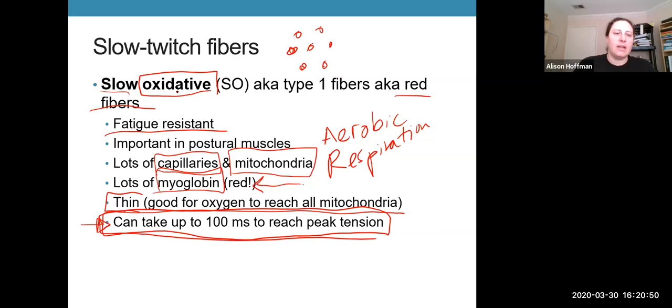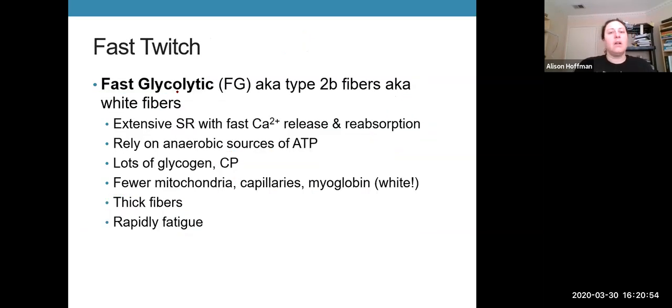So now we're going to look at how that compares to our fast twitch muscles. So the common kind, we have two types, but this is the common one, is also called fast glycolytic. So fast referring to the fact that they reach peak tension really fast, within a few milliseconds.